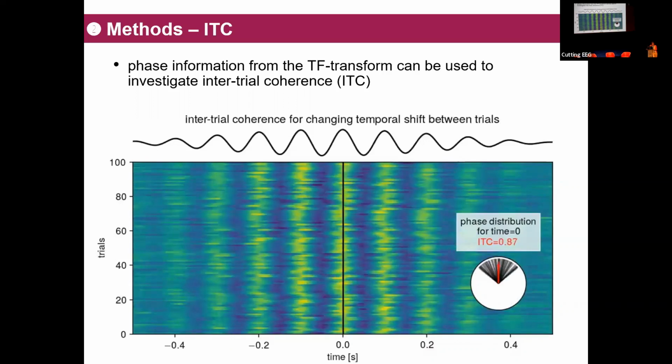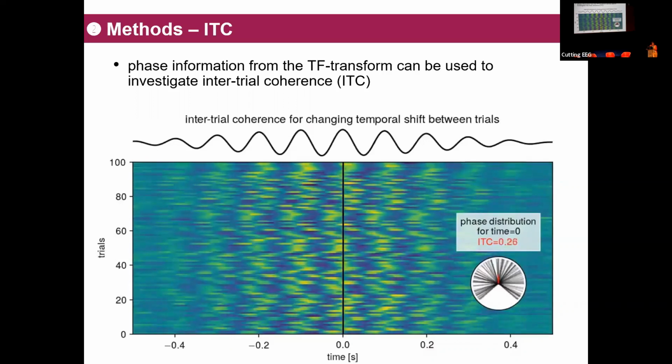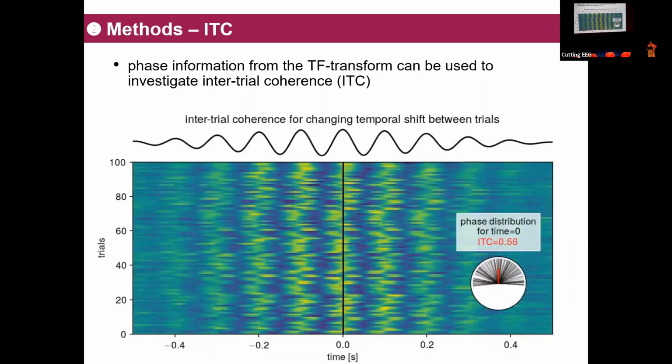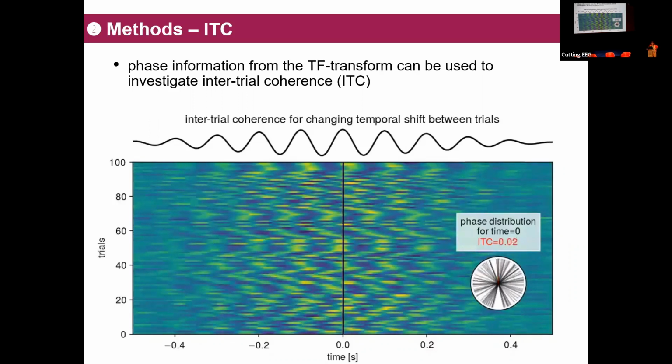Okay, if all the phases are the same across trials, it would give us a high number. If it's all scattered around, the phases of different trials will cancel each other out. So this will be a small number. Okay.